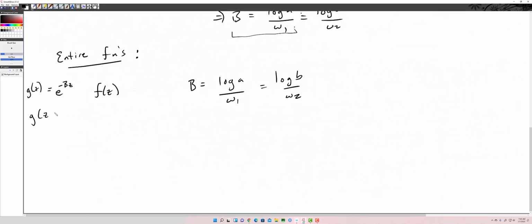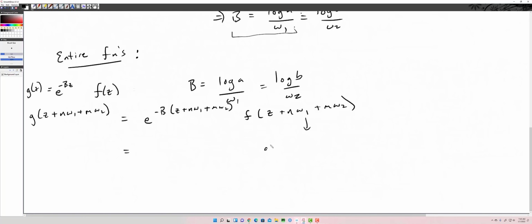Suppose that I considered something like this. Well, that's going to be e to the minus b times z plus n omega 1 plus m omega 2, times f of z plus n omega 1 plus m omega 2. By definition, I know what happens when I do this with f.